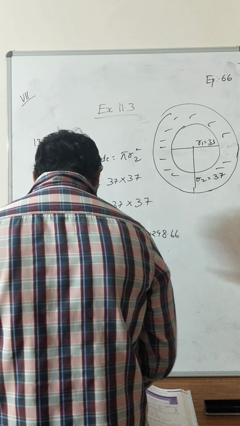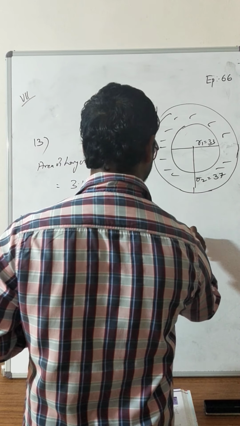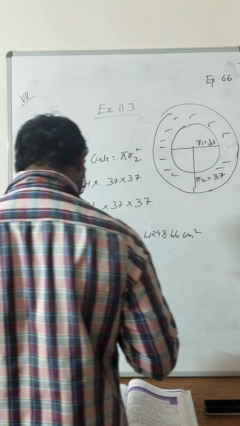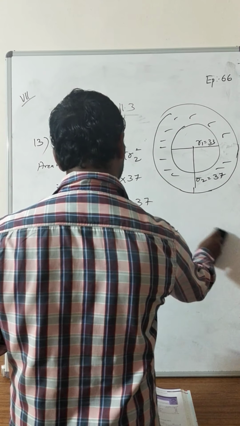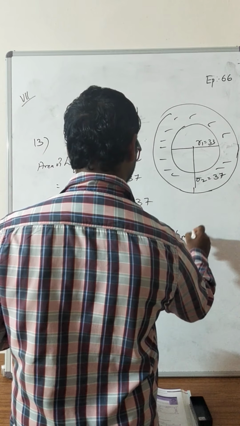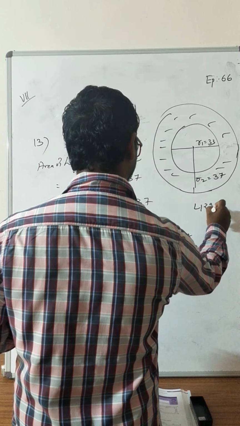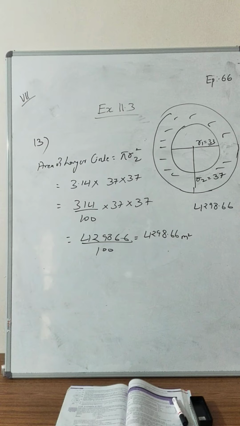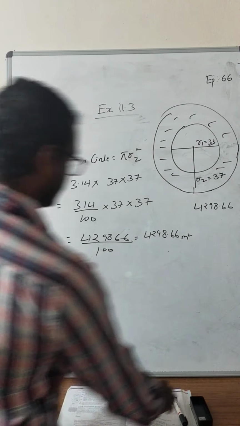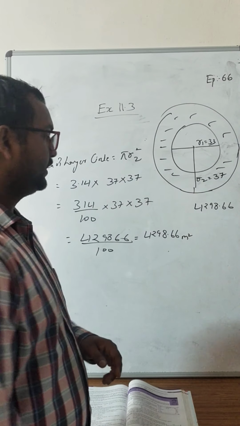So this is the area that I am getting of the larger circle, 4298.66 meter square. So students, we are getting the value 4298.66.